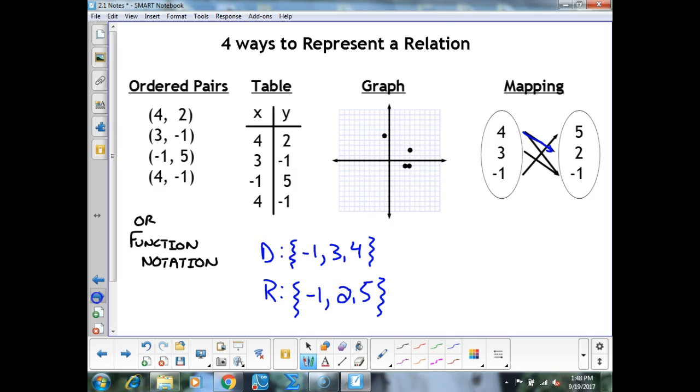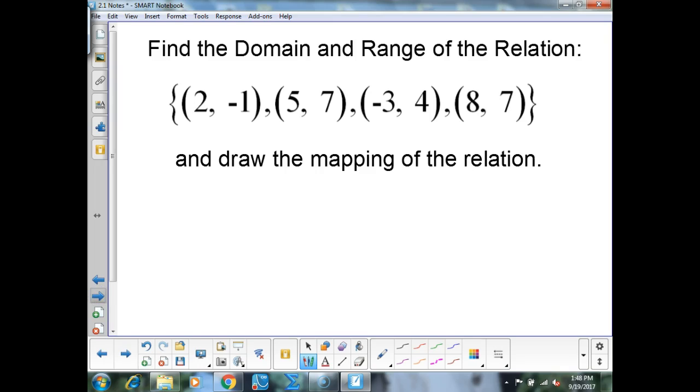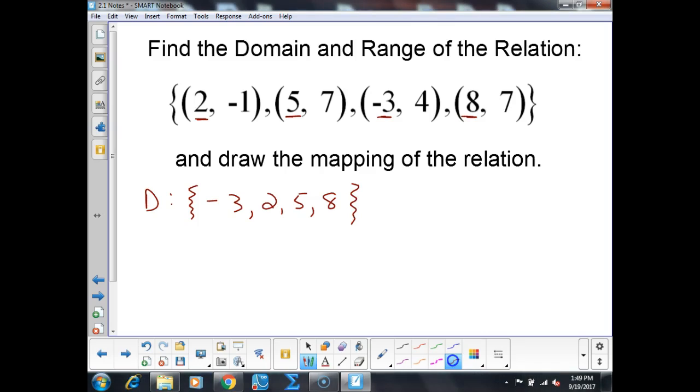So let's put this to work now. Find the domain and the range of the relation and draw a mapping of the relation. So the domain is the what again? The x's. So here's an x, here's an x, here's an x, there's an x. I would probably write this out as -3, 2, 5, and 8.